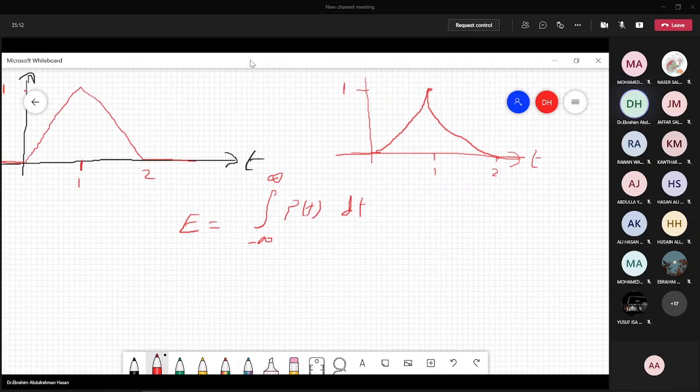From minus infinity to 0 it is equal to 0, and from 2 to infinity, again equal to 0.